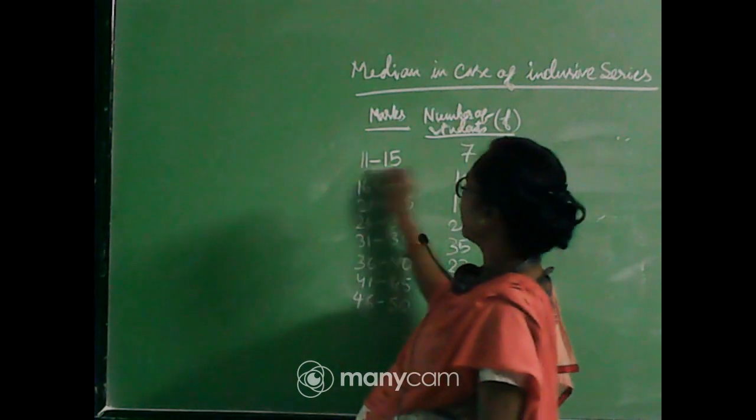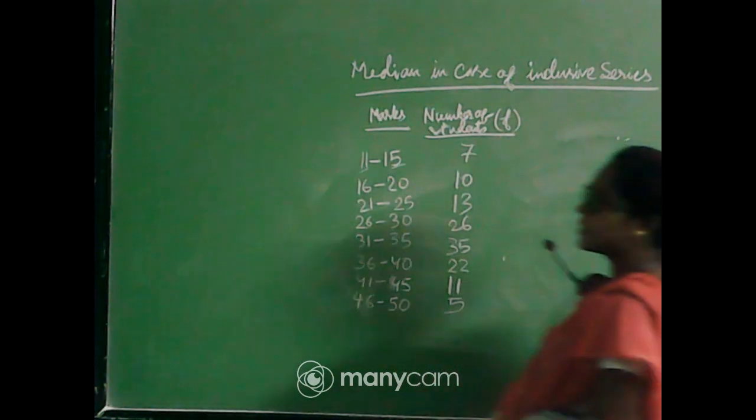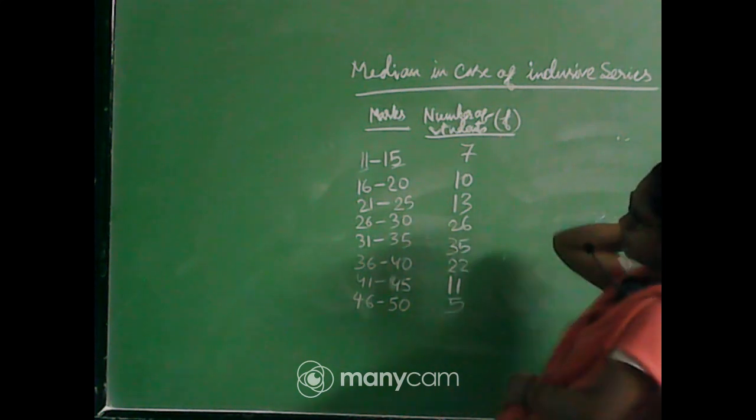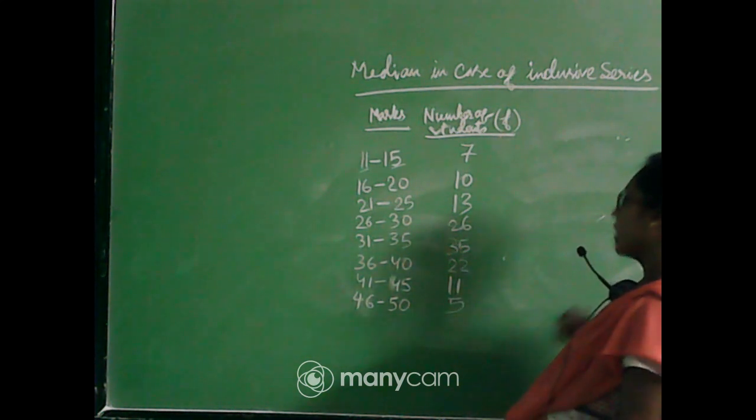See this lower limit and upper limit. These are not the exclusive series. These are under the inclusive series. So we have to convert into the exclusive.